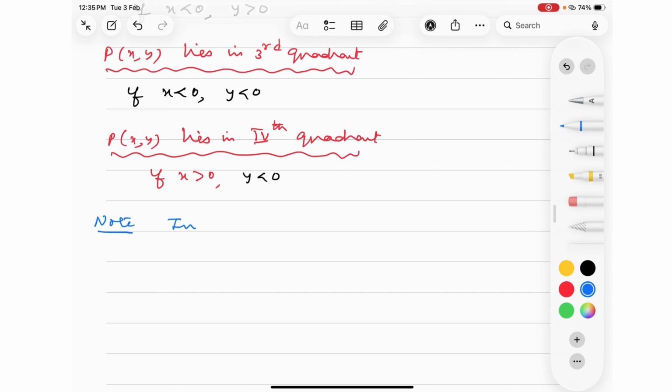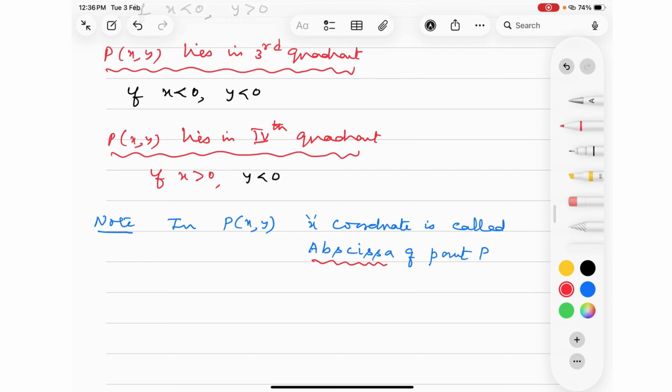In P(x, y), the x coordinate is called the abscissa of point P. Very, very important.